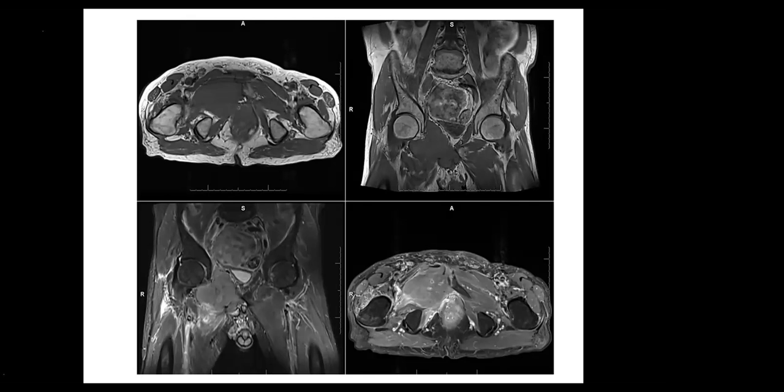Okay, so multiple myeloma, we need to make a distinction between multiple myeloma and plasmacytoma. Yes, plasmacytoma. So this would be a plasmacytoma rather than multiple myeloma, because remember, the pathology is different between plasmacytoma and multiple myeloma.